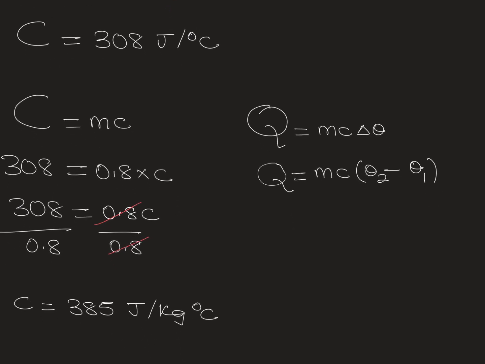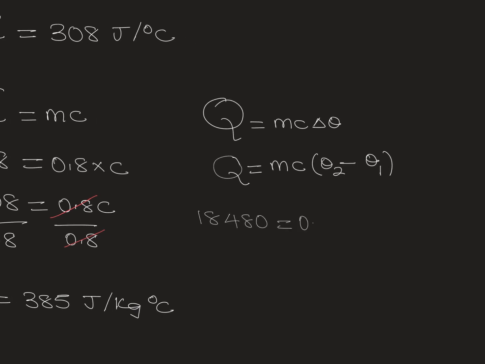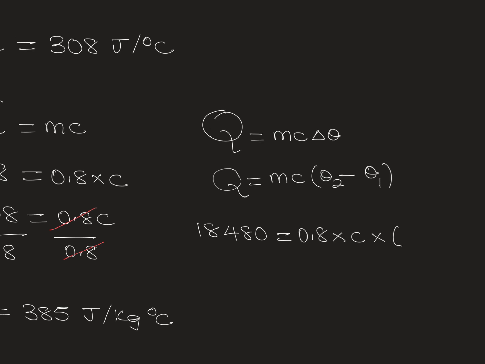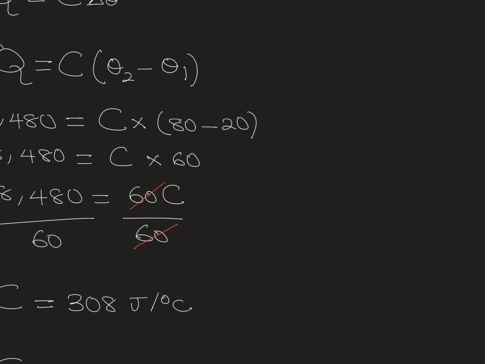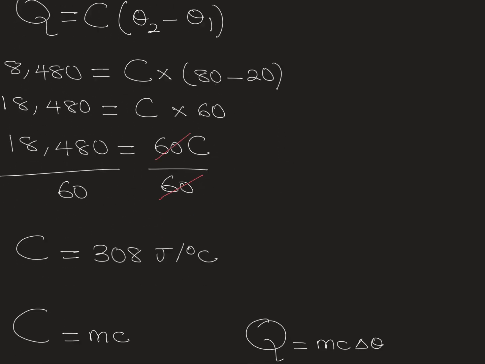So by using that, 18,480 is equal to the mass of the object, 0.8 kilograms, multiplied by C multiplied by theta 2 minus theta 1, which is going to be 80 minus 20, right? Theta 2 is 80 degrees, theta 1 is 20 degrees.